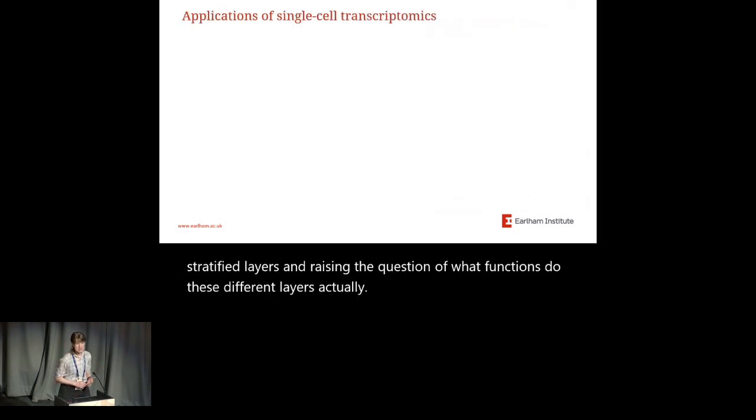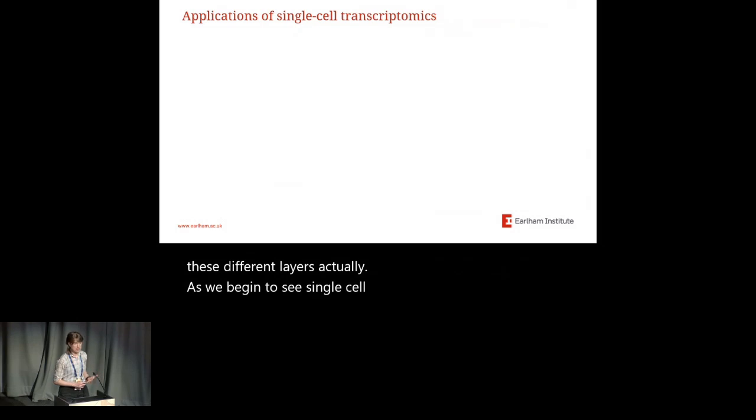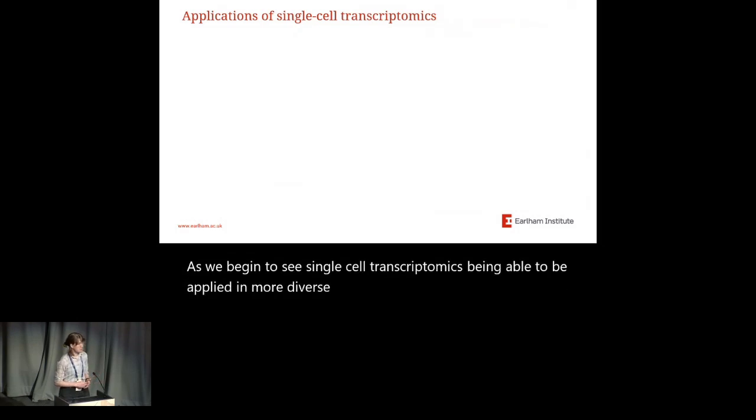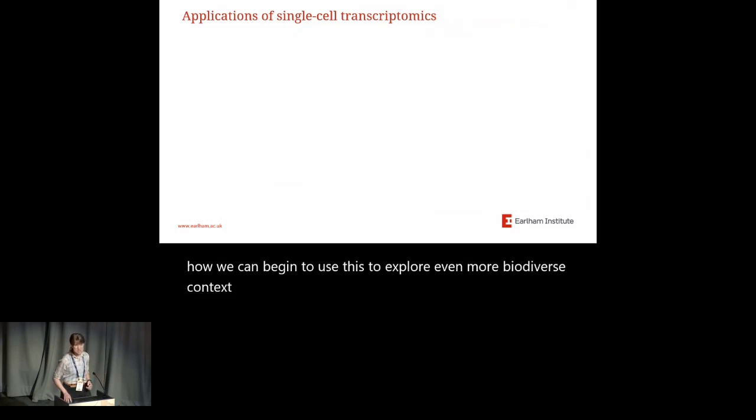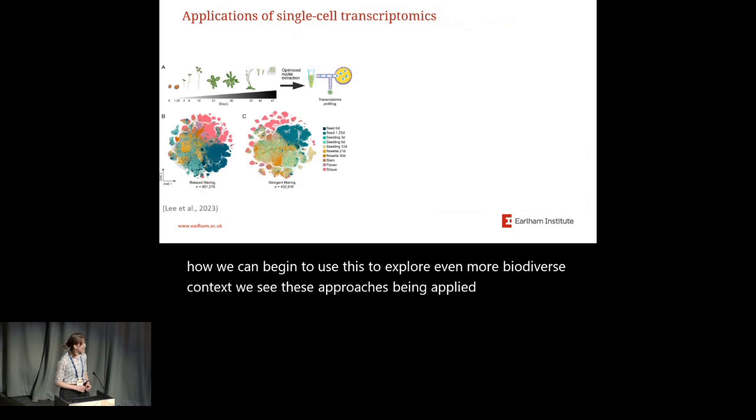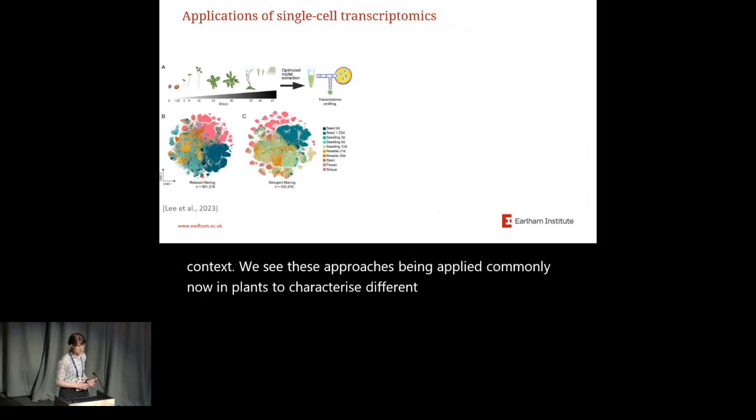As we begin to see single-cell transcriptomics being applied in more diverse settings outside of your typical mammalian and model systems, this raises the question of how we can use it to explore even more biodiverse contexts. We see these approaches being applied commonly now in plants to characterize different cell types across the developmental cycle.